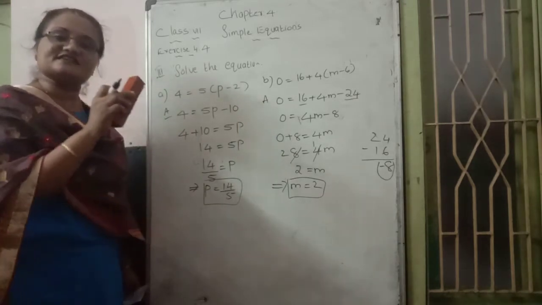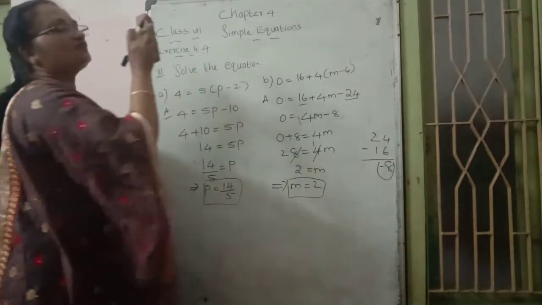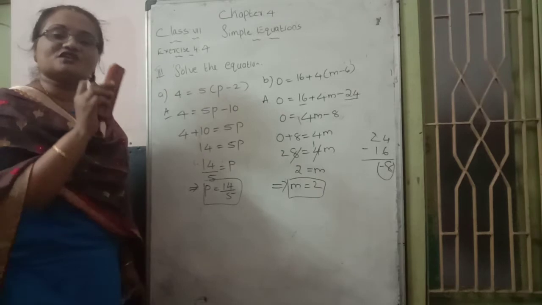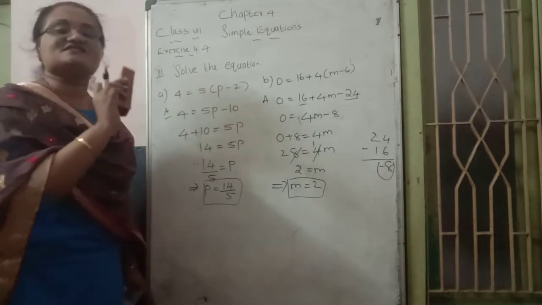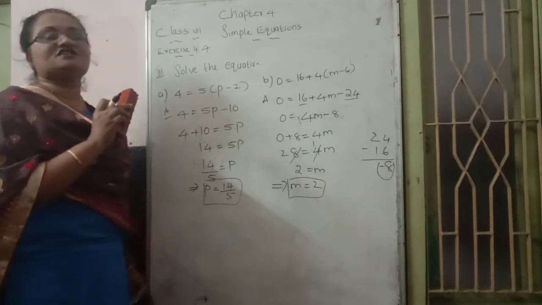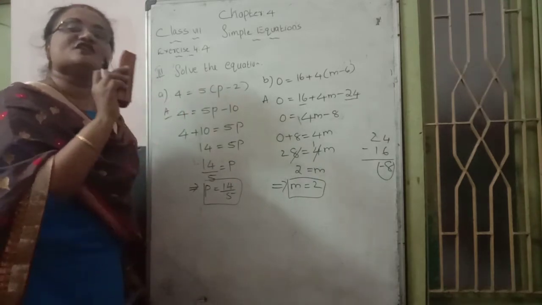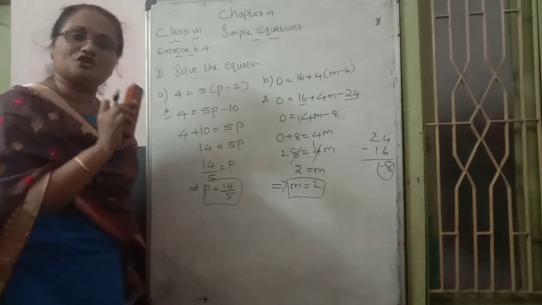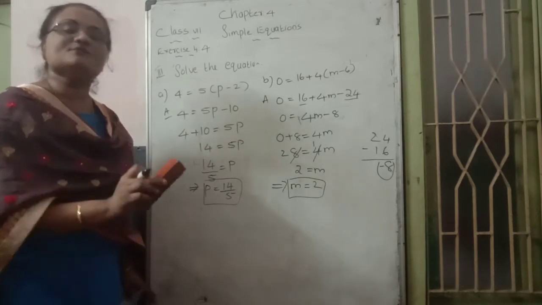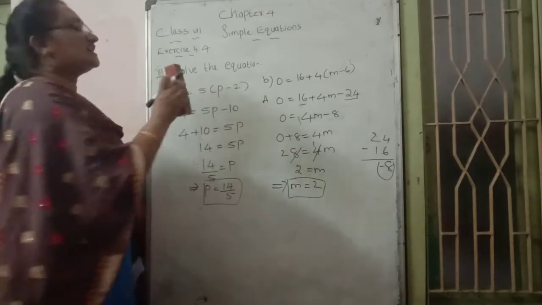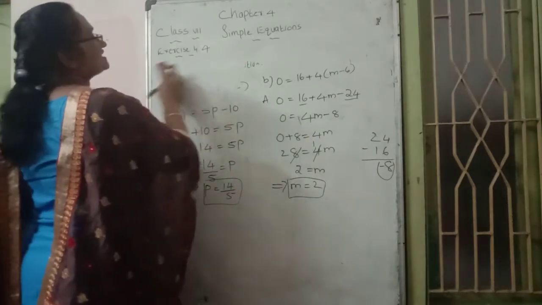Understood? Here in exercise 4.4, they give a statement where they are giving the question. With the help of that statement we frame the equation and find out the value of that variable.